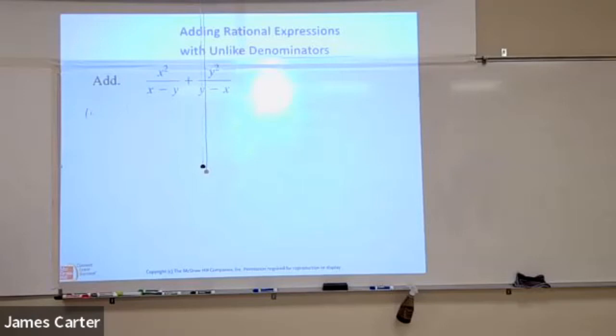So I'm going to have to factor a -1 probably out of this one. Or I'm going to multiply a -1 times both of them. Now, this times that gives me that. This times that lets me switch the order.